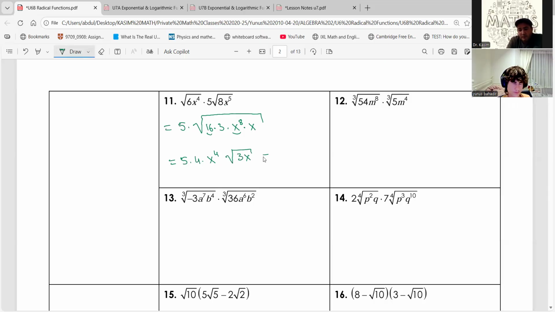And simplify further, 5 times 4 is 20. 20 x to the power of 4 times square root of 3x. Yeah, that makes sense. Question 12 now.